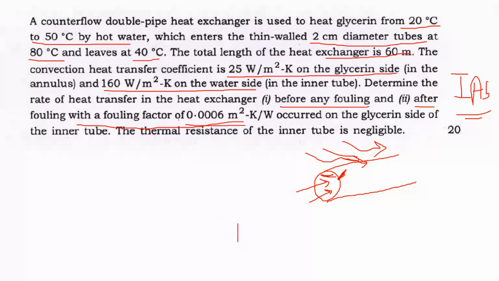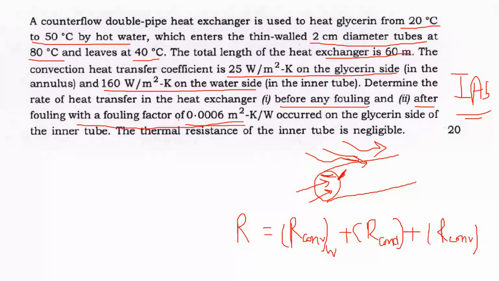So you know the total resistance during this heat flow is the resistance of convection from the water side plus resistance of conduction due to pipe thickness plus convective resistance on the glycerin side.